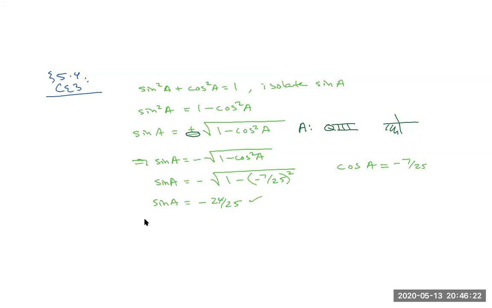Now we need to do the same thing for angle B. But now we're looking for cosine B. So cosine squared B equals 1 minus sine squared B. Take the square root of both sides. Don't forget your plus minus.